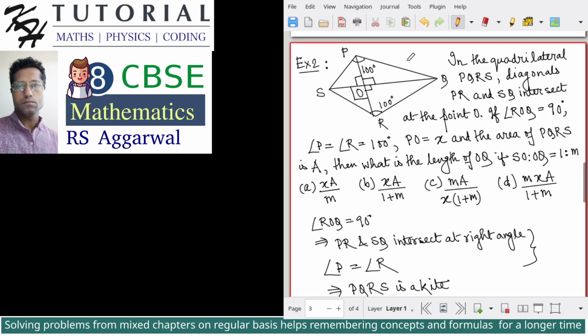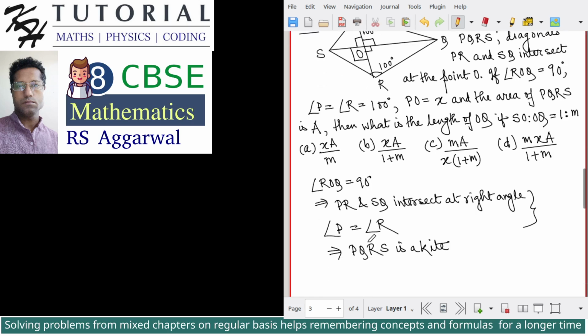So the idea is that the property of a kite is that a kite has two opposite angles equal, and the diagonal that connects those two opposite angles is bisected by the other diagonal.